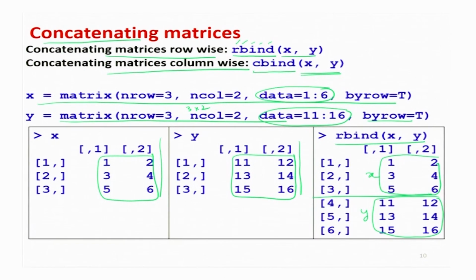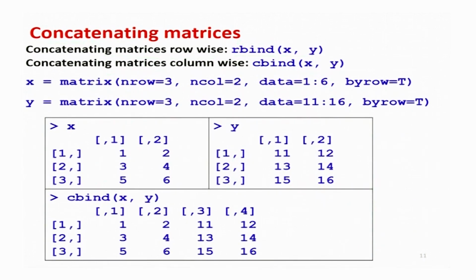That is what you have to see, what exactly R is going to do. These matrices are joined vertically: x and then y, and if you have some more matrices, they will come further down. And similarly, consider cbind on the same matrices. This is matrix x and this is matrix y, and now you want to join them column wise.